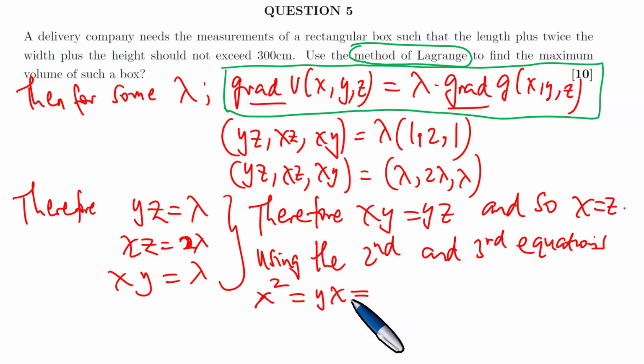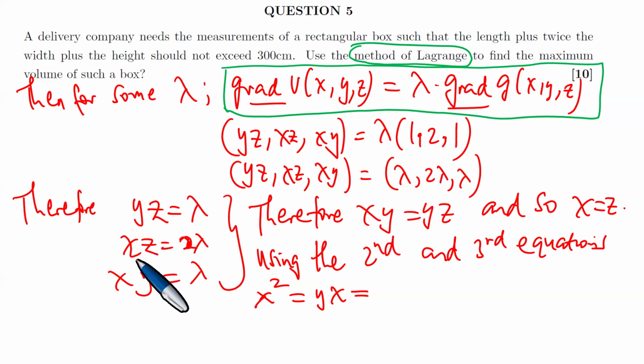Okay, let's analyze these together. Because this is going to be 2 lambda. Right, it's going to be exactly 2 lambda. I need to write this carefully.